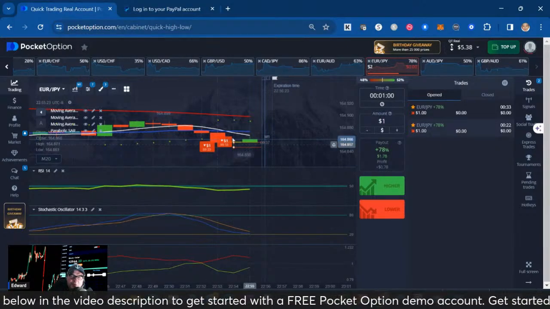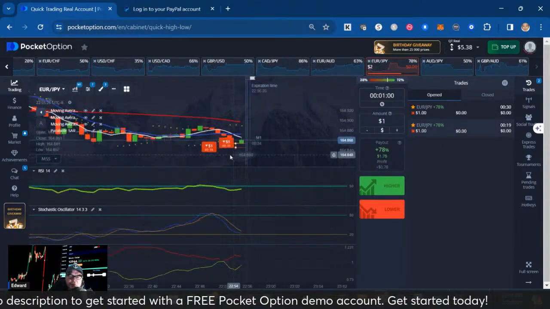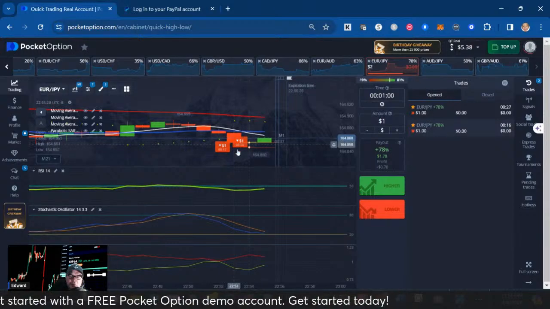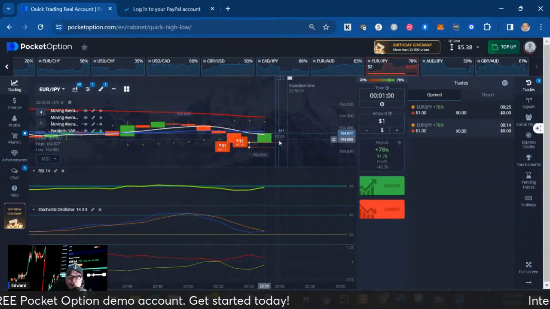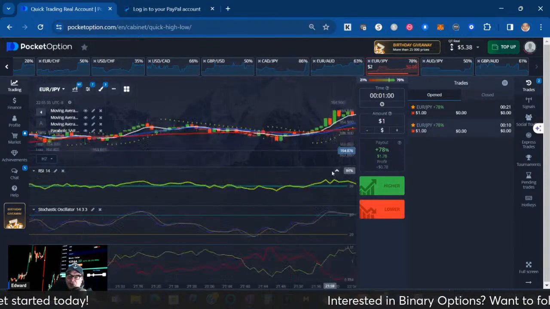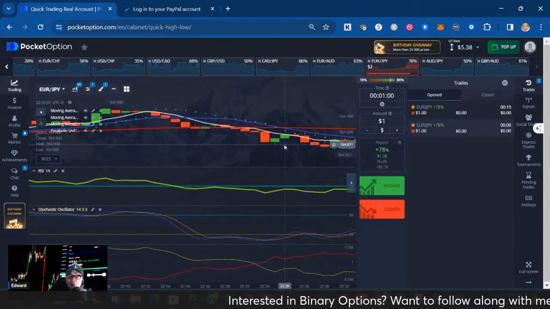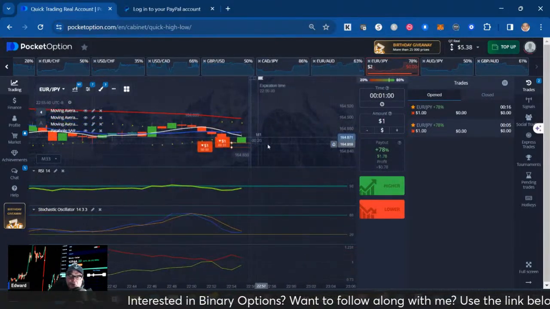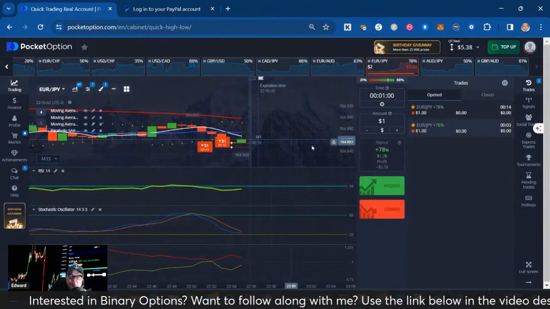It was down, down. I can't see what this one was. This thing's in the way. But there was up. It's up. Wow, that's a very big up bar too. Is it temporary? No, it's moving back downwards again.